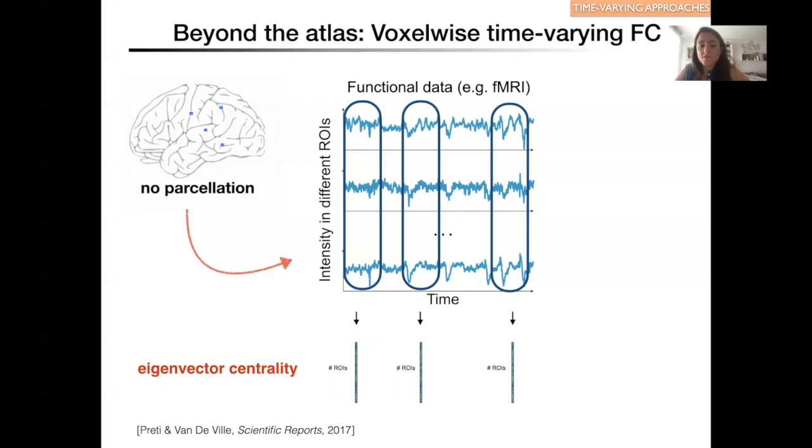So it's the first eigenvector of each connectivity matrix. And the trick here is that we can compute the eigenvector centrality by keeping the functional connectome matrix implicit. We don't need to explicitly compute it. We can compute it directly from the time courses. And so we are able to look at the variations of functional connectivity across time voxel-wise.